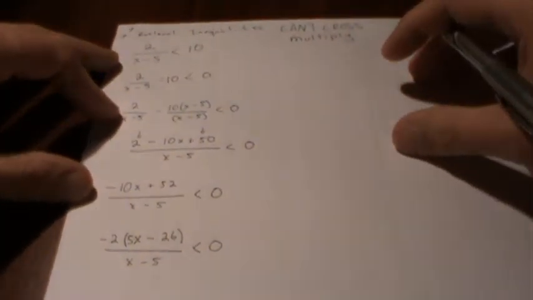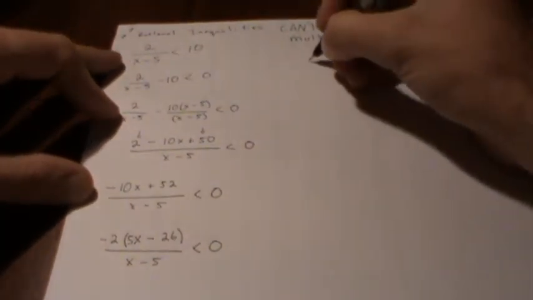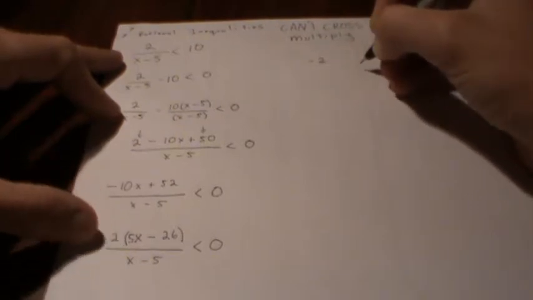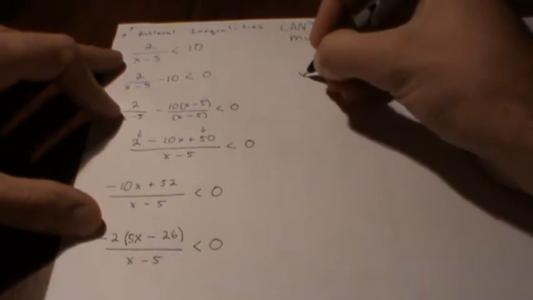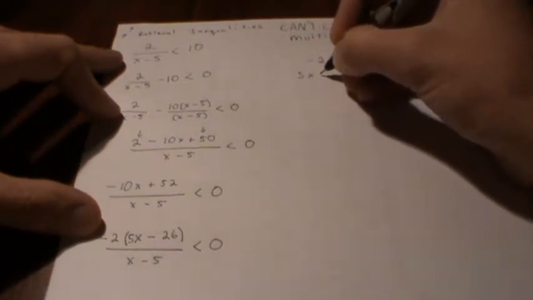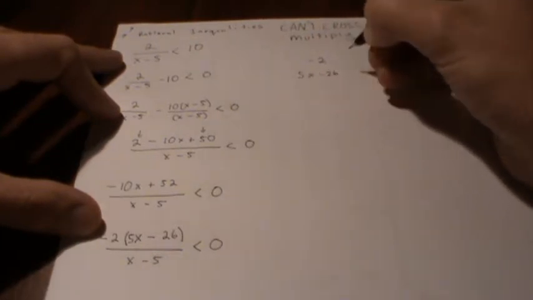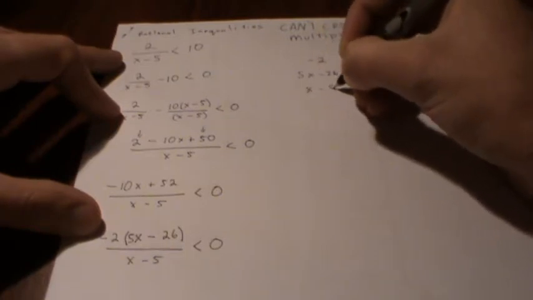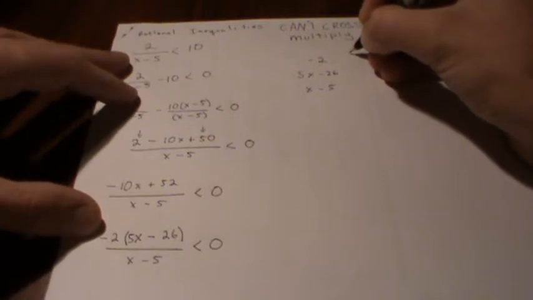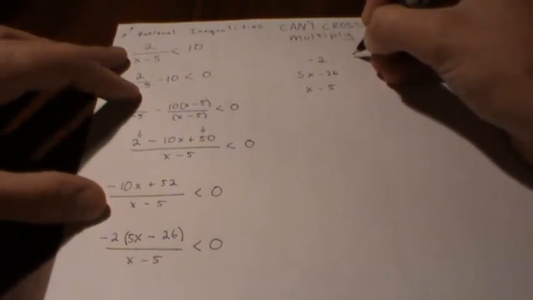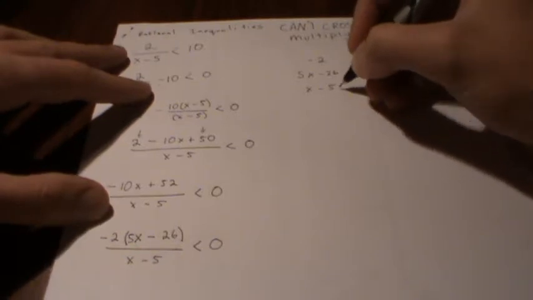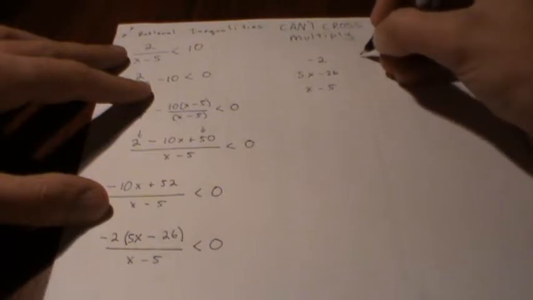Negative 2 is a factor. 5x minus 26 is a factor. And x minus 5 is a factor. I have 3 factors, but only 2 factors that involve an x value.